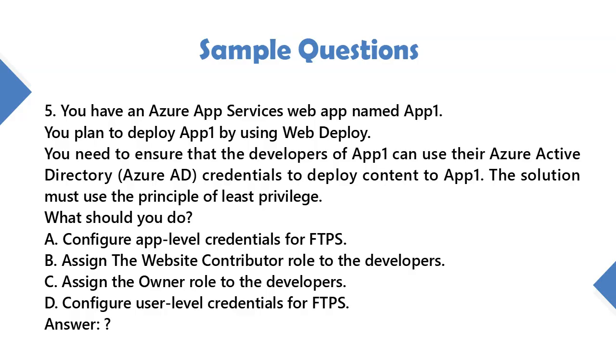What should you do? A. Configure app-level credentials for FTPS. B. Assign the Website Contributor role to the developers. C. Assign the Owner role to the developers. D. Configure user-level credentials for FTPS.